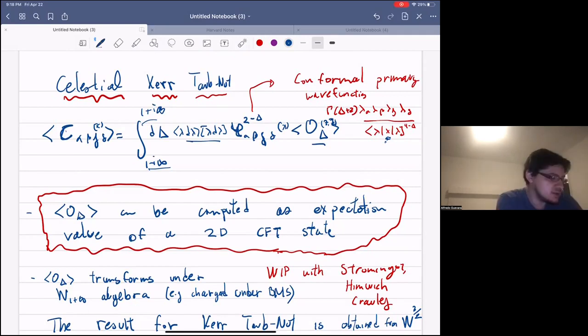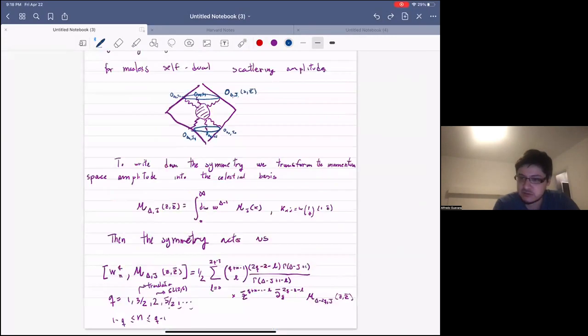Okay, so it's a correlation function in the two-dimensional field theory. And moreover, this expectation value transforms under the W algebra. Okay, that sort of follows from what I showed a couple of slides ago, which is that this algebra acts on this basis.